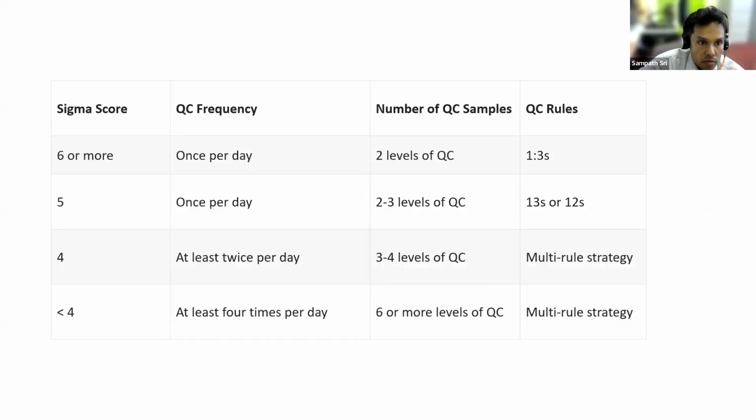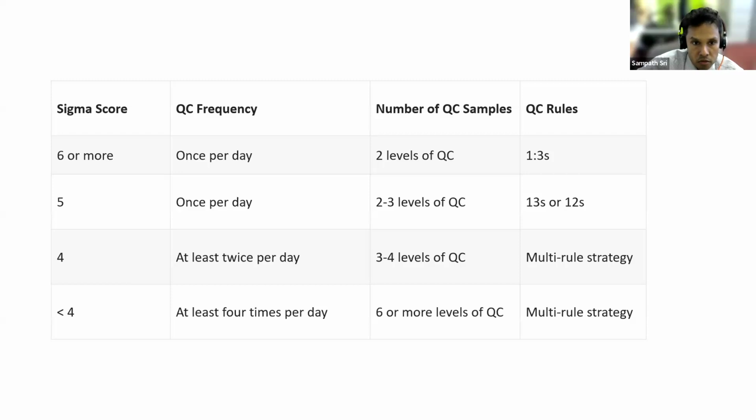If we have a sigma score of 6 or more, we can use a less frequent IQC. We can just do one quality control per day.